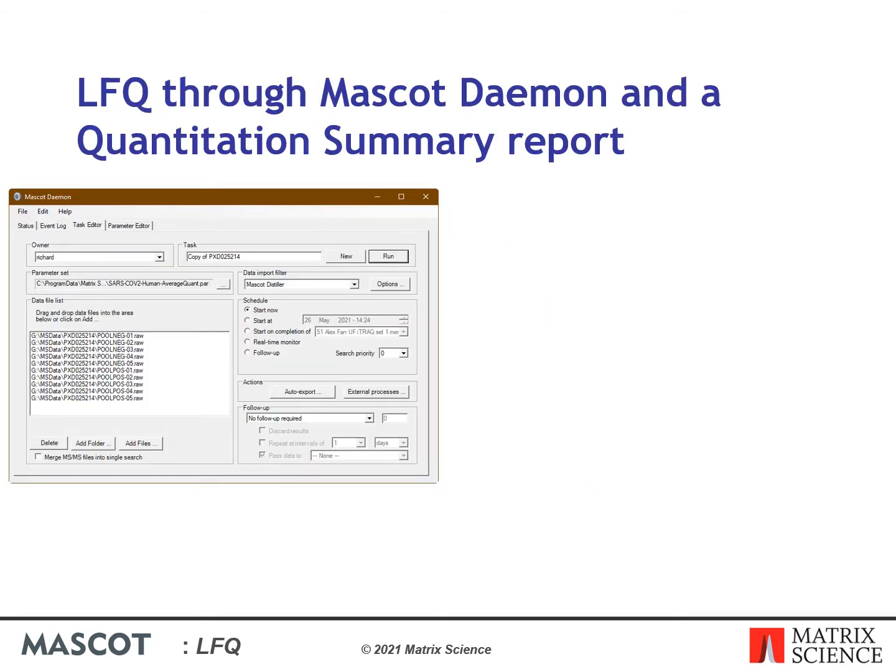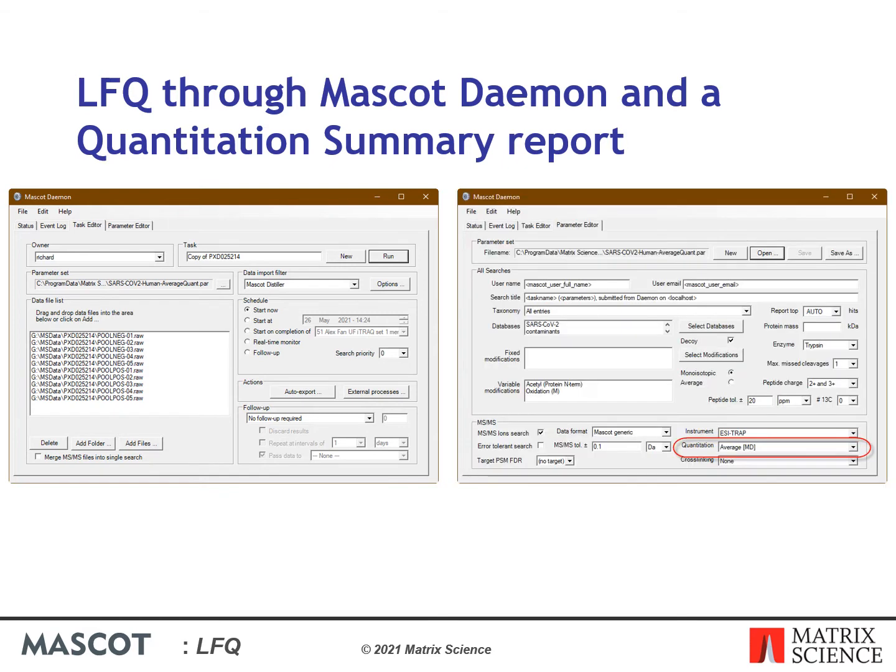Let's start by processing a dataset through Mascot Daemon to create a quantitation summary table or report. This feature was introduced in Mascot Server Daemon 2.7, so I will be brief. Set up the Mascot Daemon task as per normal. When configuring the Mascot Server search parameters, make sure you set the quantitation method to average MD.